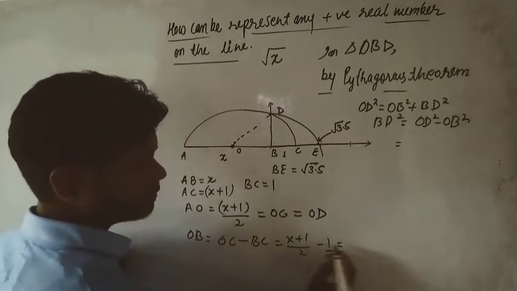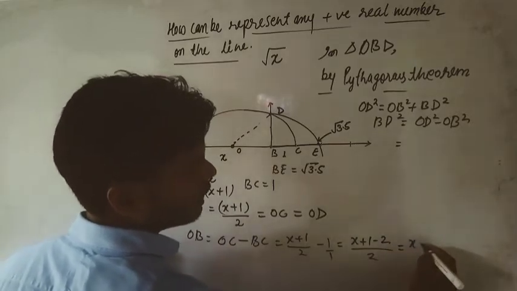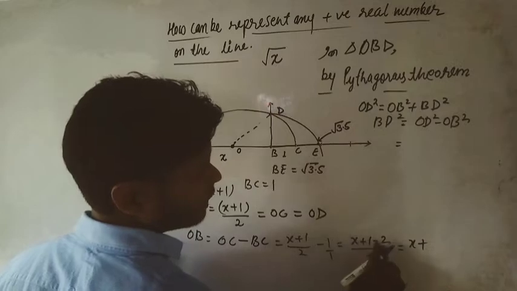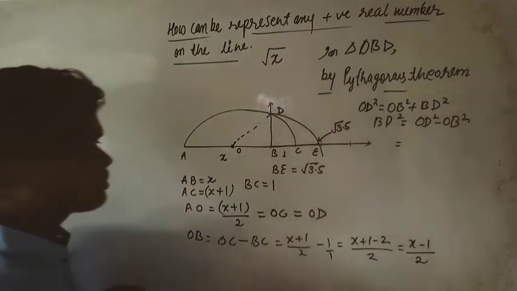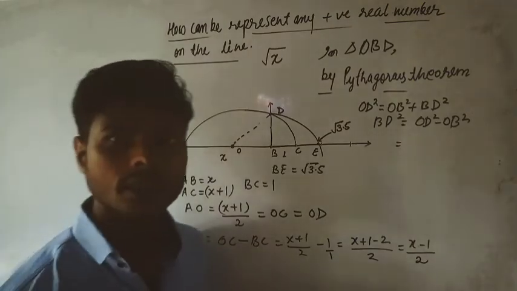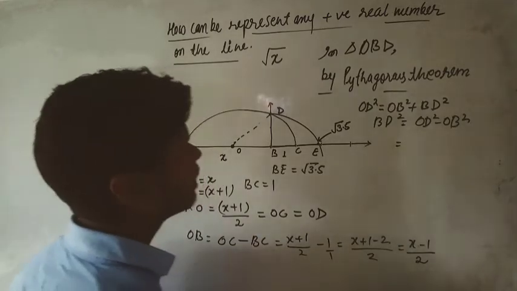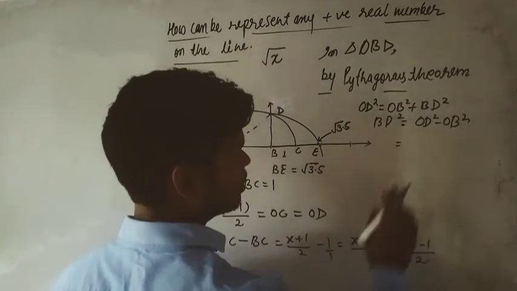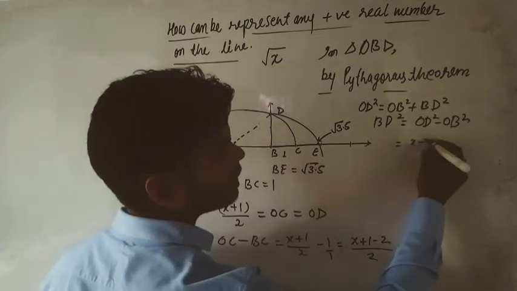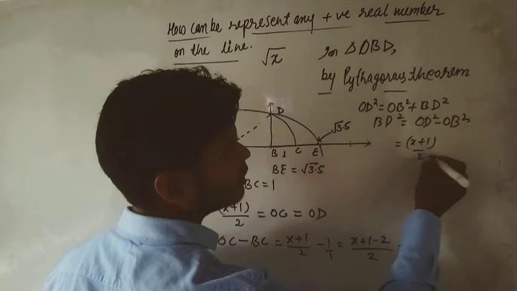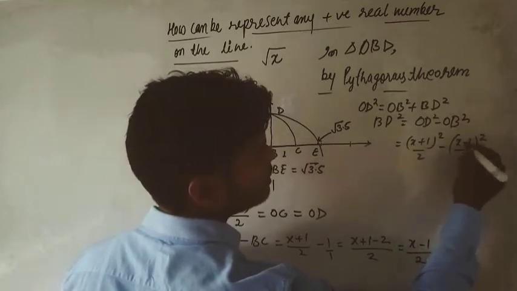Let us solve this value. (x plus 1 minus 2) upon 2 is equal to (x minus 1) upon 2. This value represents (x minus 1) upon 2. Now put these two values here. We get ((x plus 1) by 2) whole square minus ((x minus 1) by 2) whole square.